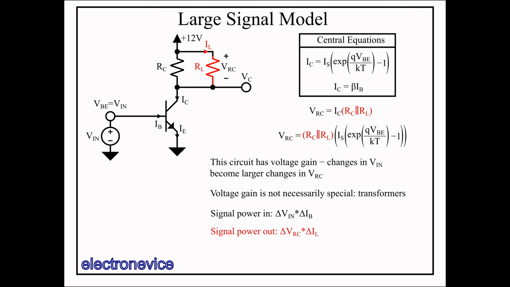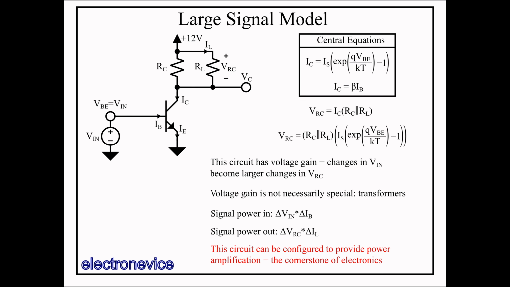So, with a high enough starting VBE, we can construct a circuit that produces a higher output signal power than input signal power. This is something a transformer cannot do, as the voltage amplification that a transformer provides comes at the cost of attenuating the current proportionally so that the transformer never outputs more power than its input.